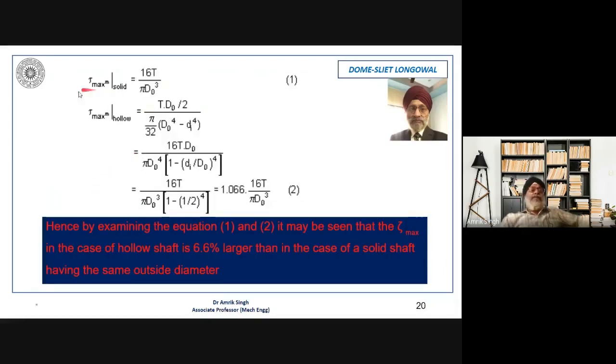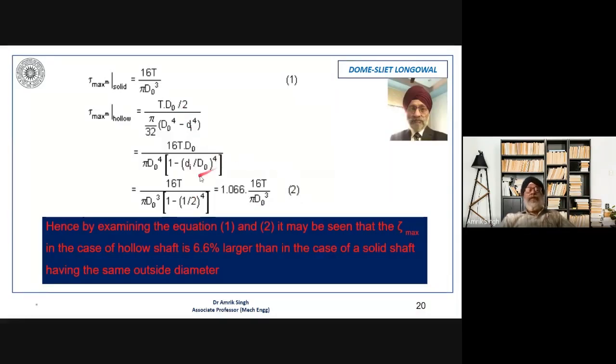So this will be the maximum torque for the solid shaft and this will be the maximum torque for the hollow shaft. If you put the value, you can do this adjustment, that 1 minus (DI upon DO) to the power 4, if you bring this downward.